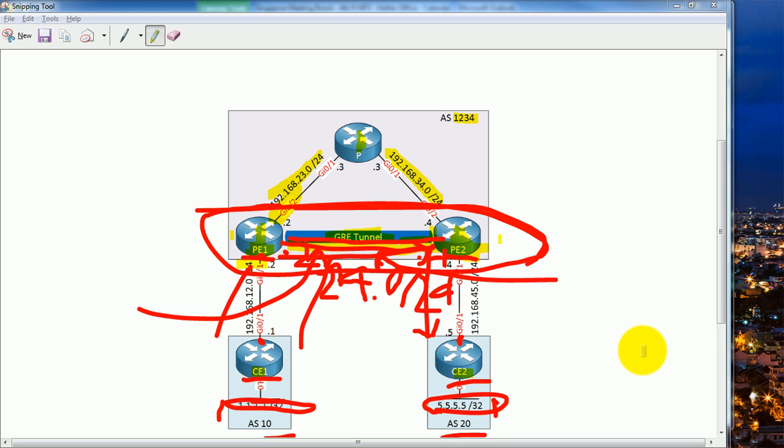Let's start with something simple. Let's replace the GRE tunnel from the previous example with MPLS, so I can explain how MPLS uses labels. Let's get rid of the tunnel and the BGP peering between P1 and P2.